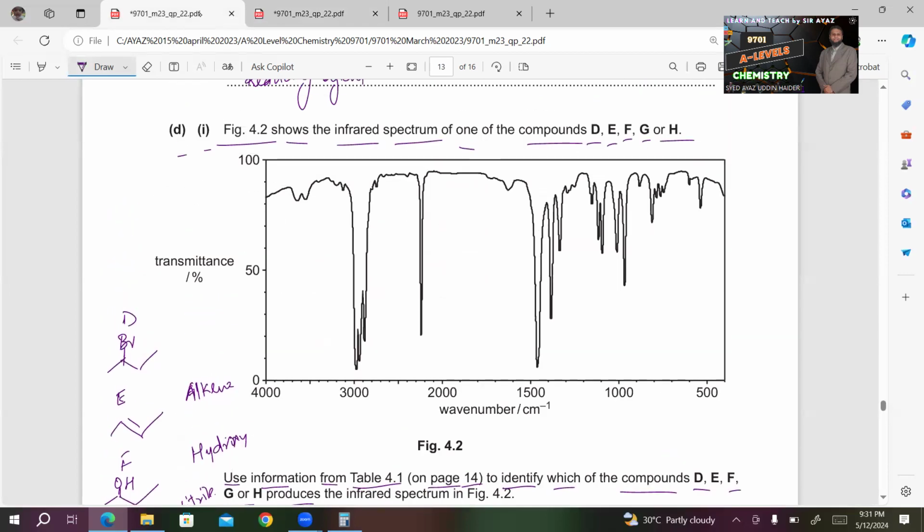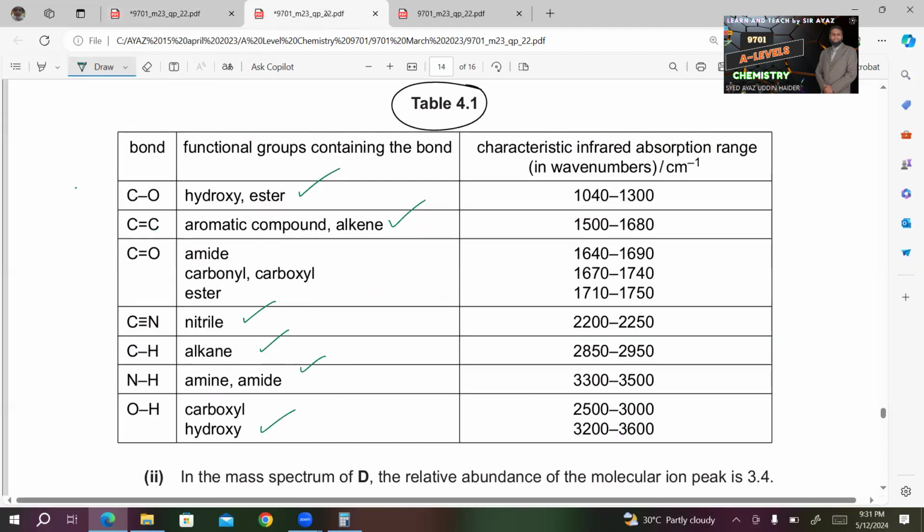So see the absorptions one by one. Let's start with hydroxy.